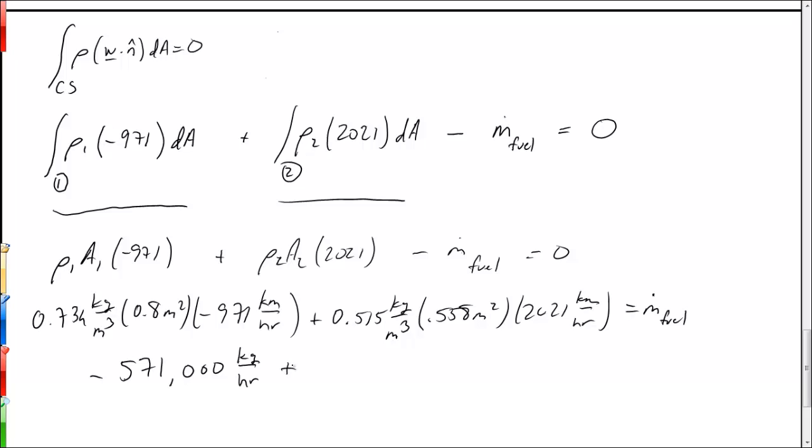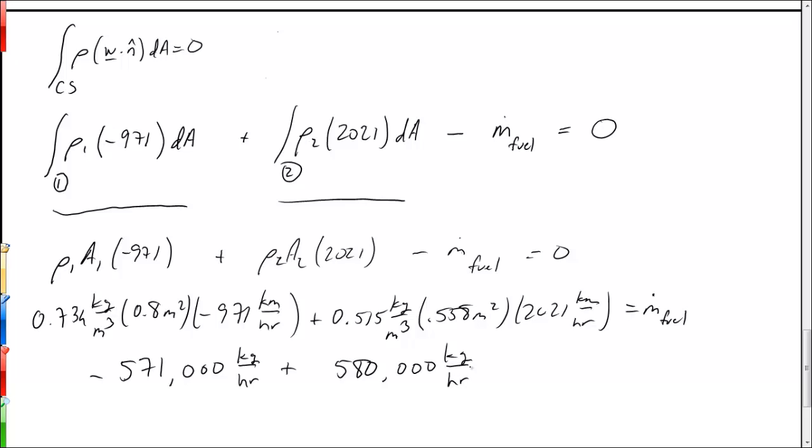And the next one we get 0.515 times 0.558 times 2021, and we get 580, times 1,000 again for our conversion, 580,000 kilograms per hour.